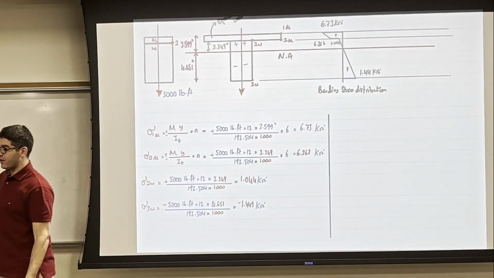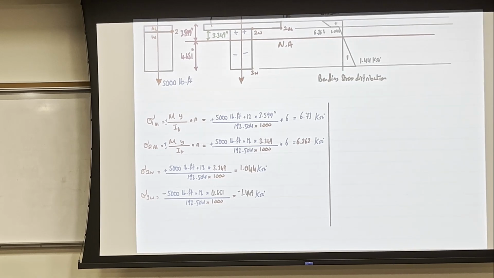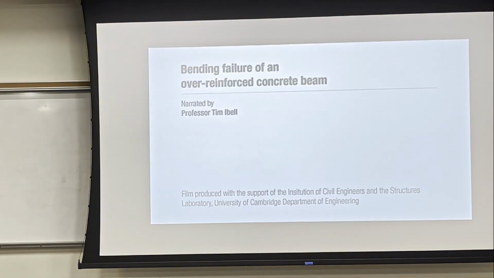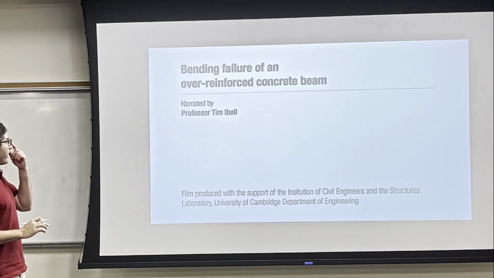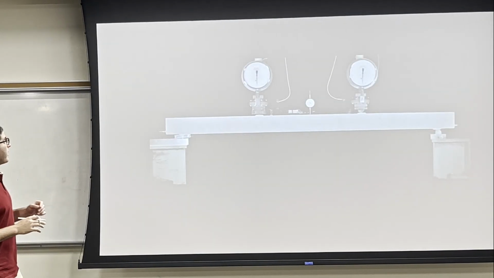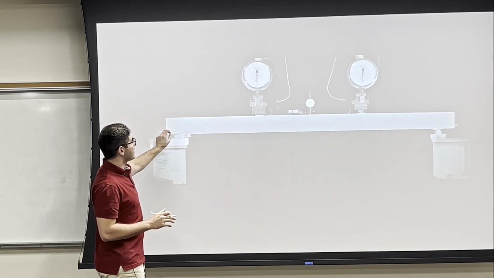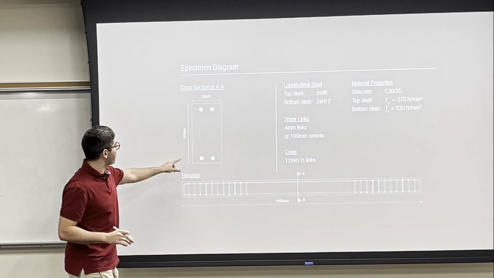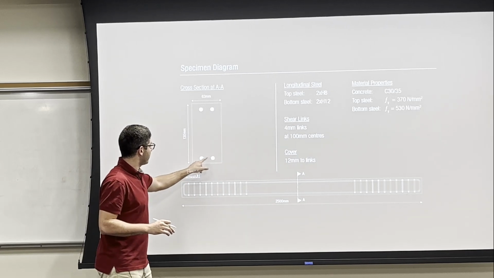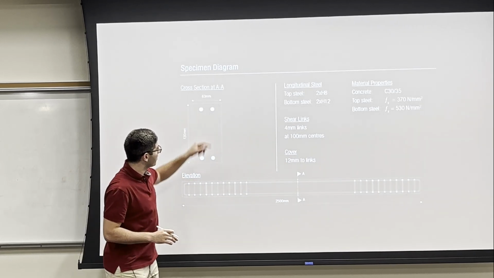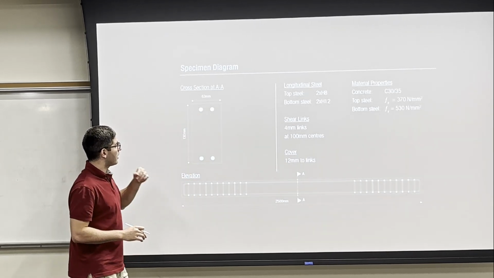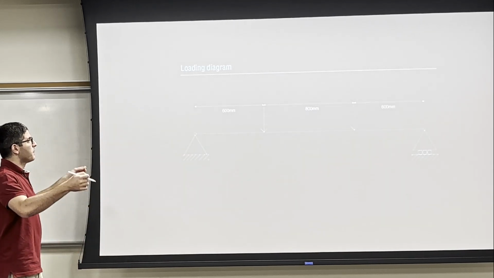Let me show you a video of a test experiment by Professor Tim, and we can conclude from it. He has a reinforced concrete beam with steel rebars inside, and we applied a force which causes the beam to bend.